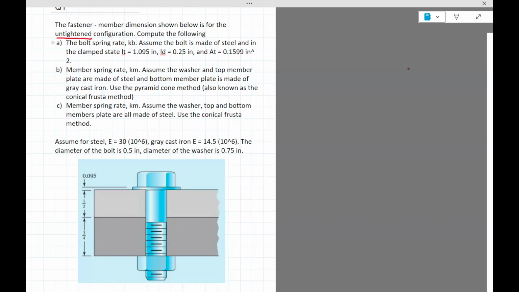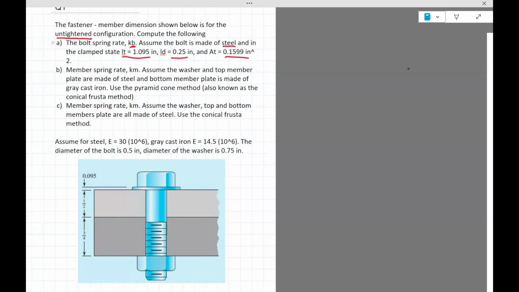Compute the following. The bolt spring rate, assume the bolt is made of steel, and in the clamp state, LT is 1.095, LD is 0.125, AT is 0.1599 inch square. So I have given you everything you need to compute this, but normally you would have to compute this from a table, which I'm skipping here, which could come from the manufacturer or standard tables for these dimensions.